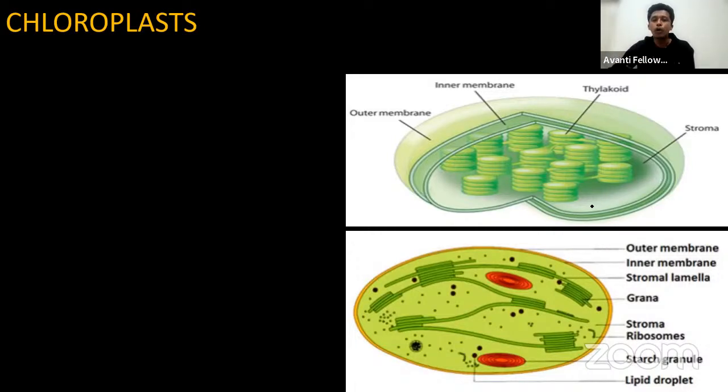Generally, when we talk about the chloroplast, we talk about a double membrane organelle, where it has an outer membrane and an inner membrane, and between them is a space called the periplastidial space. Within the inner membrane you have your stroma, and within the stroma you have some pillar like arrangements.